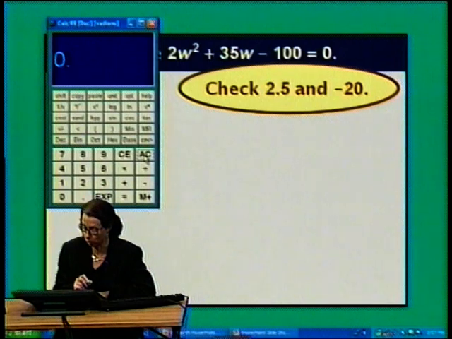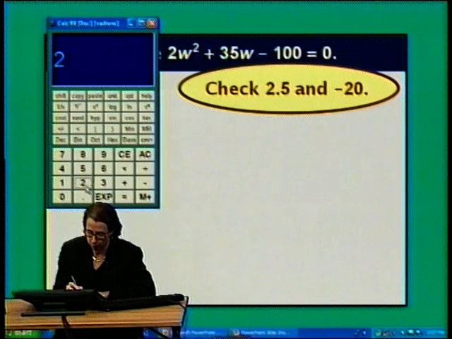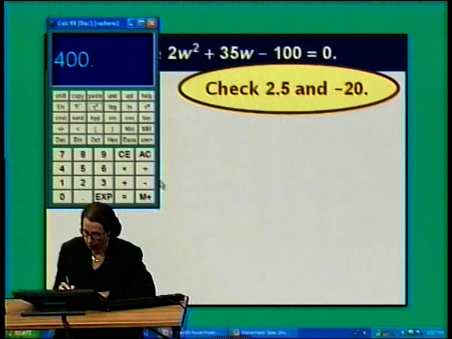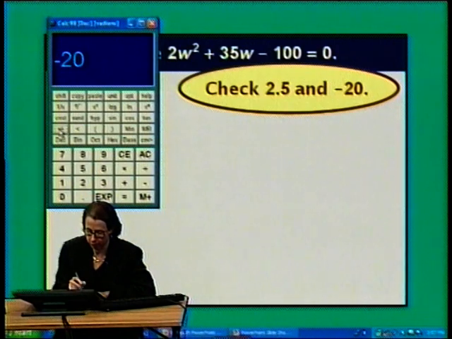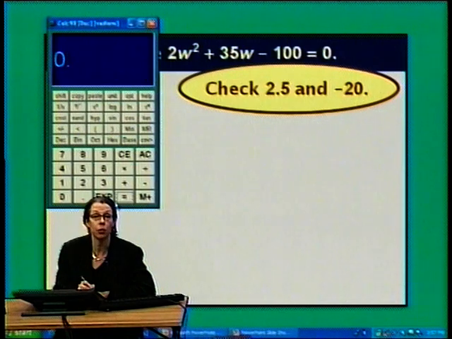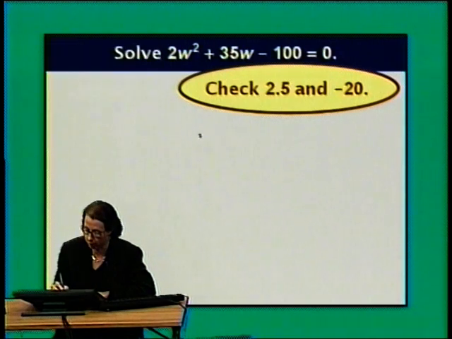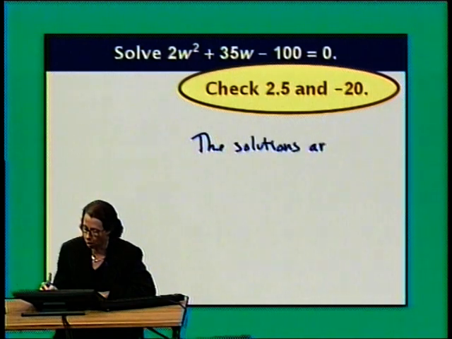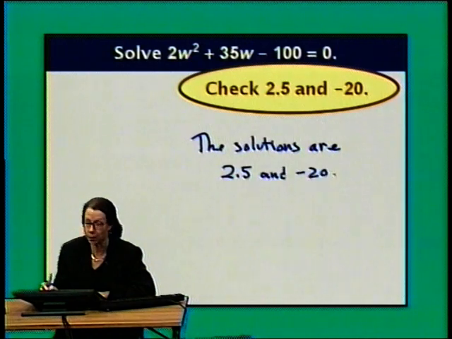Let me check my other solution, negative 20. So I have 2 times, I'm going to put my negative 20 in parentheses before I square it, plus 35 times negative 20 minus 100 equals 0. So both solutions check. The solutions are 2.5 and negative 20.